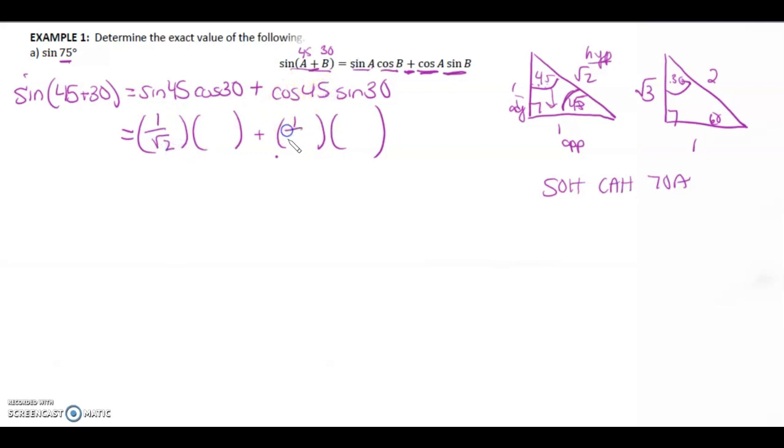Cos of 45 is also 1 over root 2. Now for 30, I'm going to label the sides opposite, adjacent, and hypotenuse. Cos of 30 is root 3 over 2, and sine of 30 is 1 over 2.